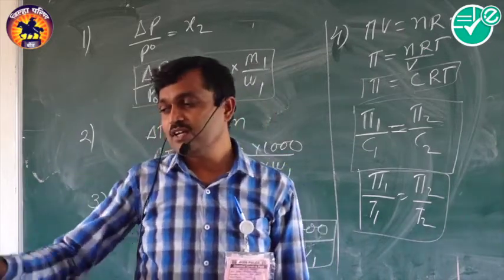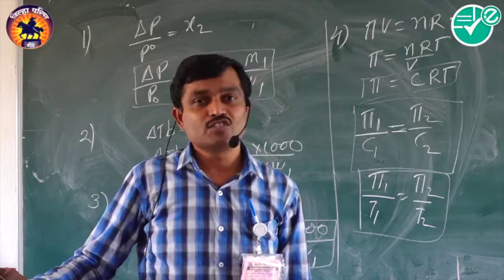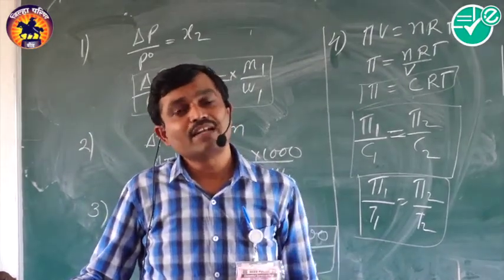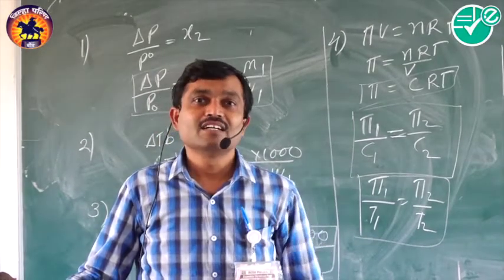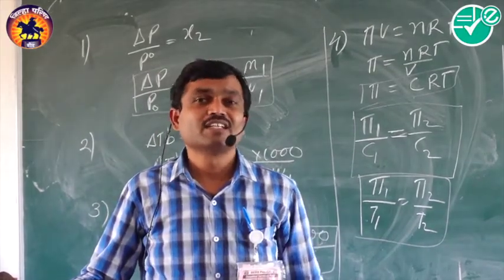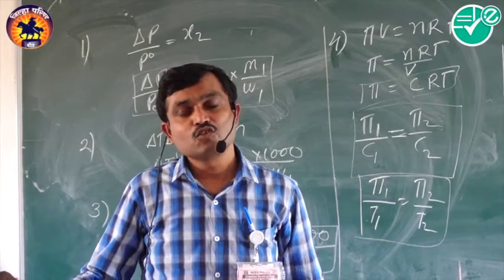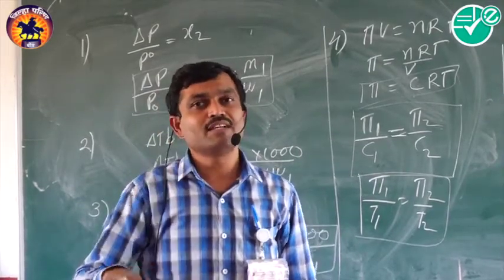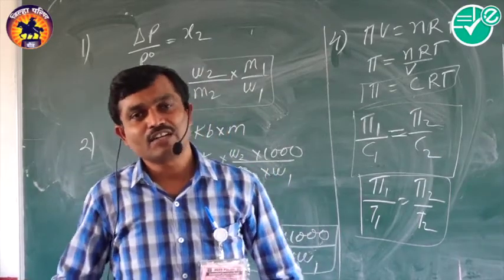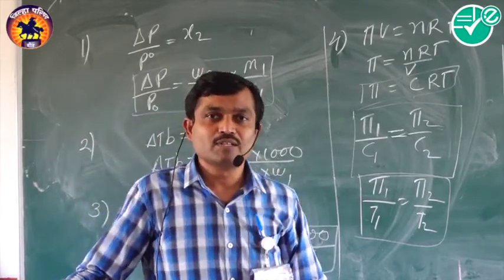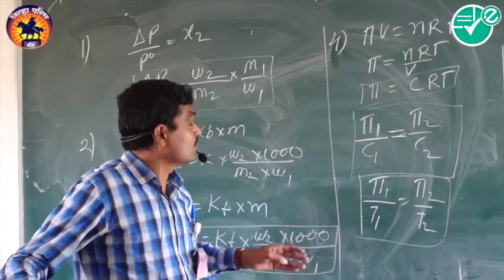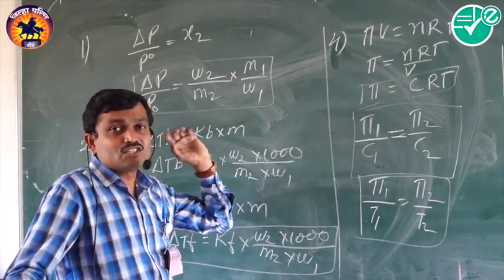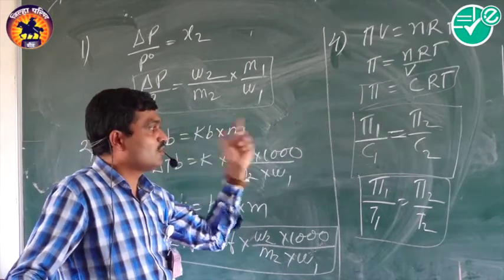In the next period, we will discuss the van't Hoff factor, because the particles which are added can dissociate or associate. Because of that dissociation and association, the theoretical colligative property that is calculated is not equal to the observed colligative property.